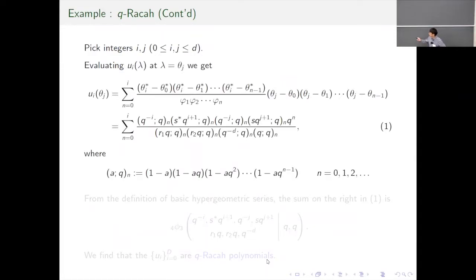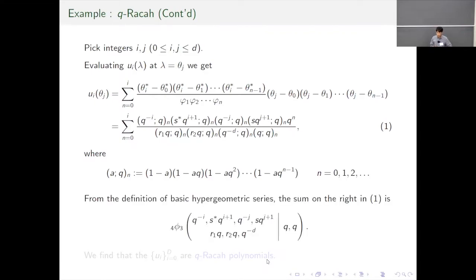It turns out that u I of theta j is expressed as the sum you see there, in line 1, where (a;q) sub n is the product of n factors.